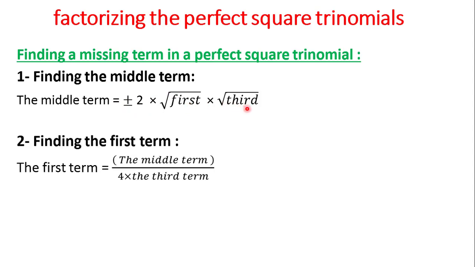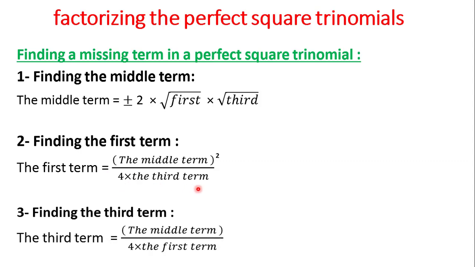If the missing part is the first term, it will be the middle part power 2 over 4 times the third term, and similarly the third term will be the middle term power 2 over 4 times the first term.